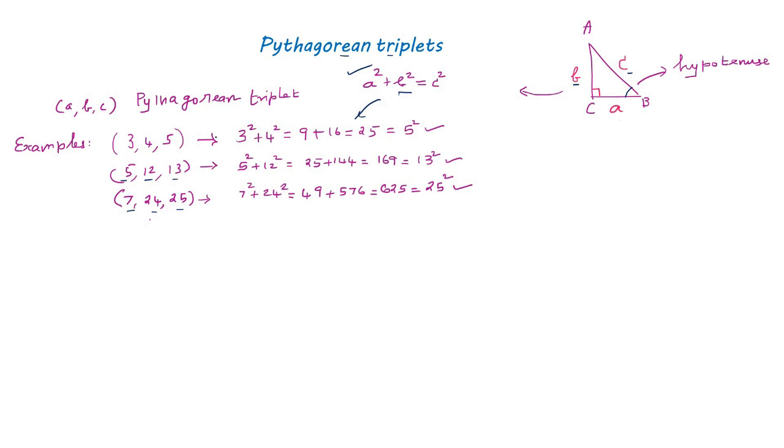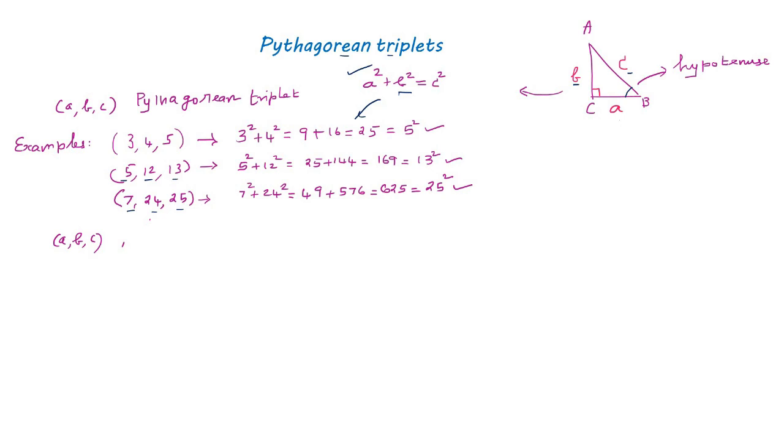How to generate a Pythagorean triplet? There are a lot of methods available. We are going to consider a simple method known as the Fibonacci method. Let us consider a, b, c to be the triplet.